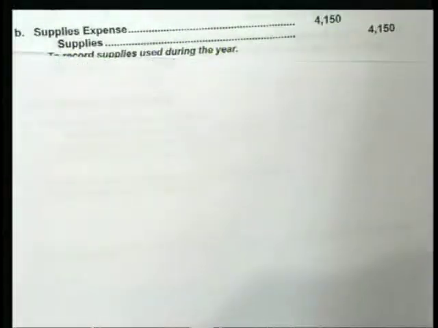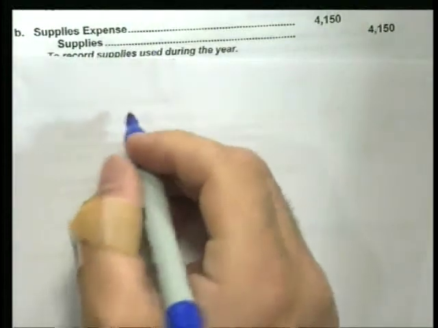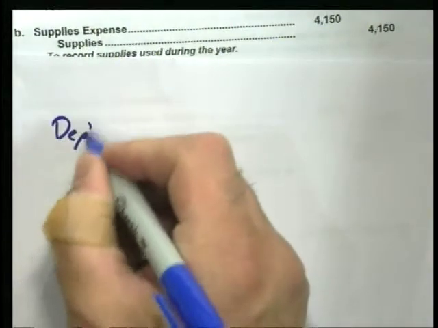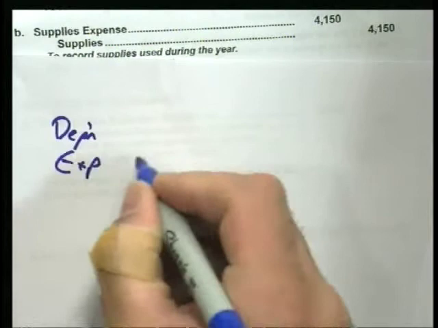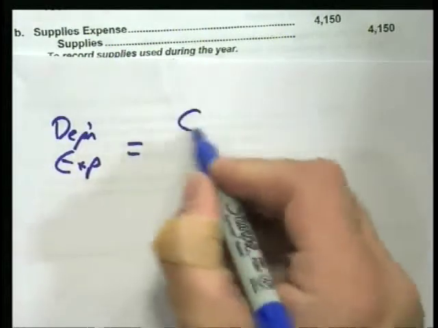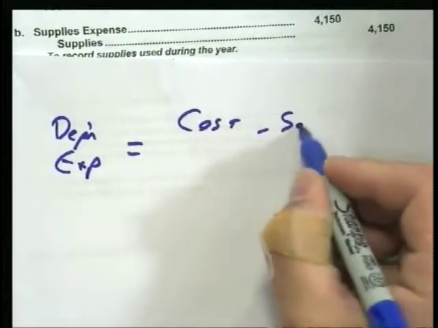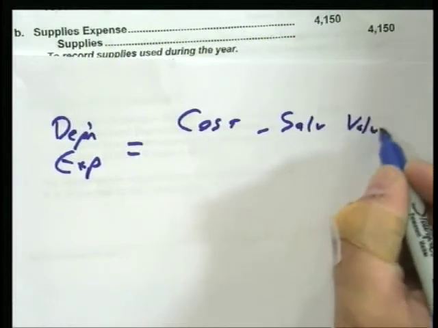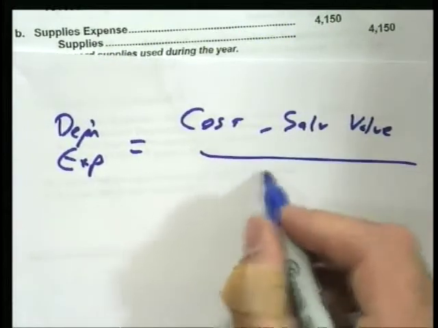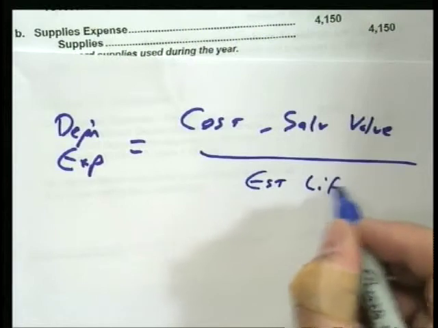Prepare the entry to record 1 year's depreciation expense of $8,400 for the equipment as of December 31 of 09. Now they figured this out for us. They didn't really need to, did they? Let's go ahead and check them. Make sure they did it right. We know to figure out depreciation expense, that equals the cost minus the salvage value over the estimated life, right?